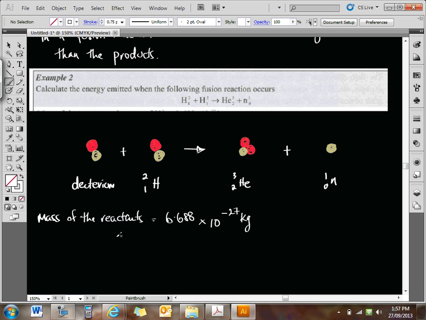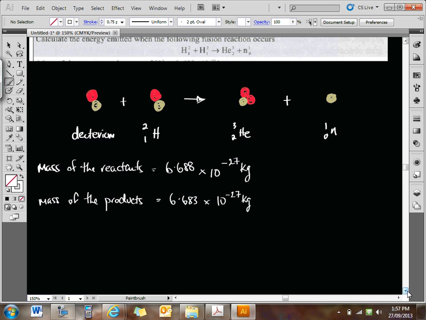And mass of the products equals 6.683 by 10 to the minus 27 kilograms. Mass of the product is less than the mass of the reactant, so we have energy released in this reaction. How do we find the mass defect?